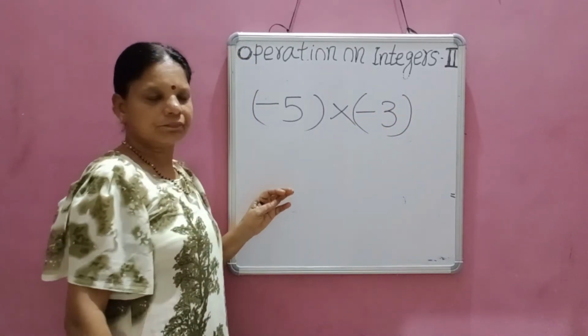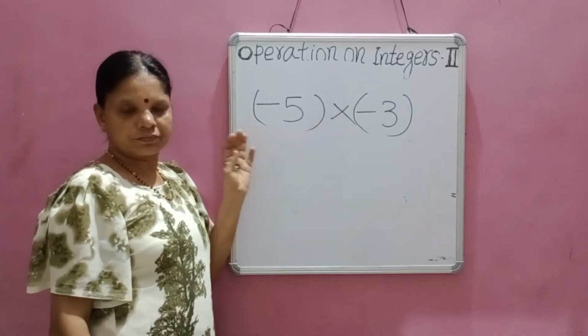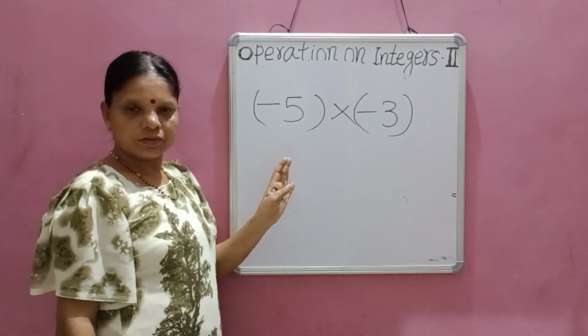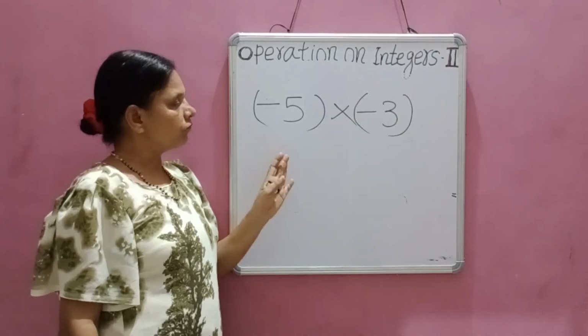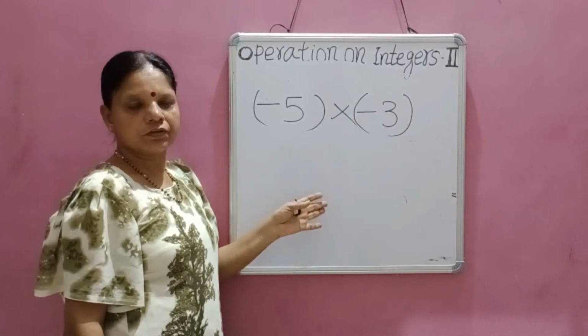We are multiplying two negative integers. Without considering the sign, find the product. 5 3s are 15.